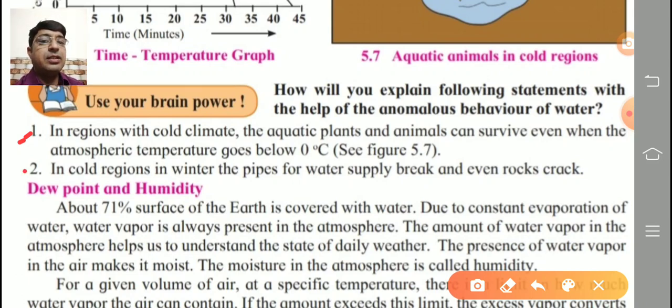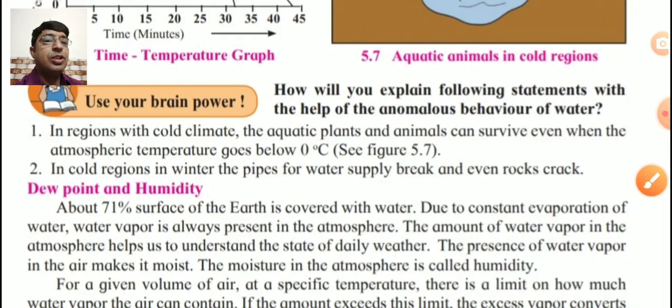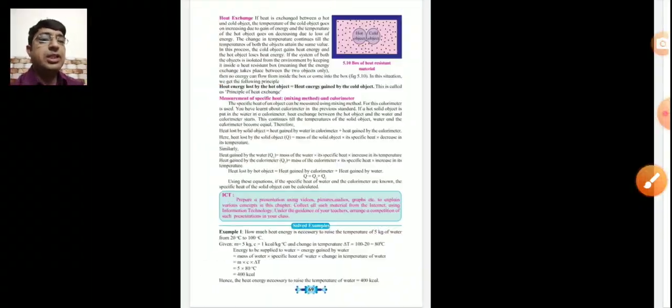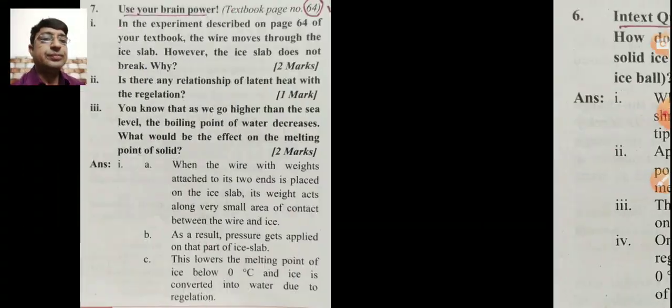Second question: in cold regions, in winter, the pipes of water supply break and even rocks crack. So we will see the answers of these two questions on one paper.